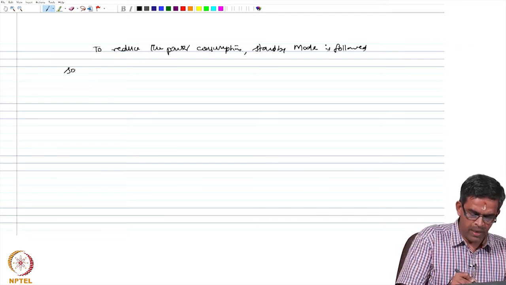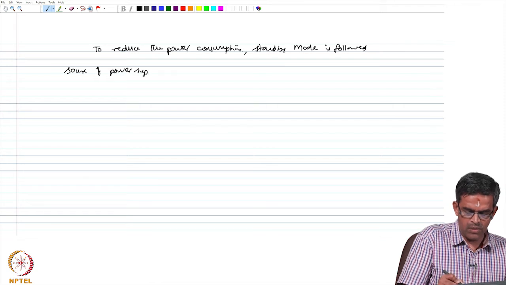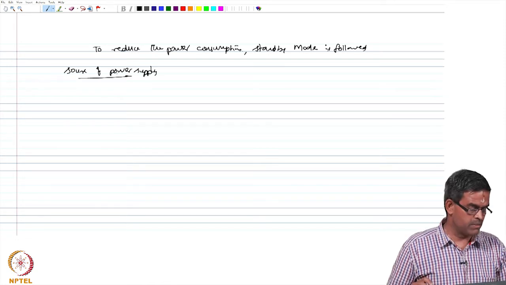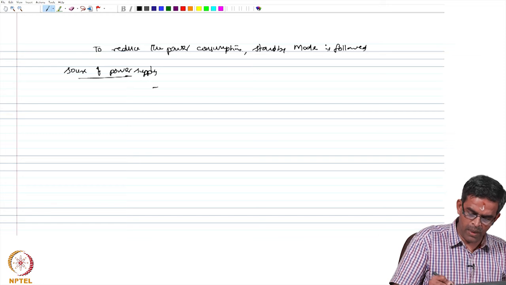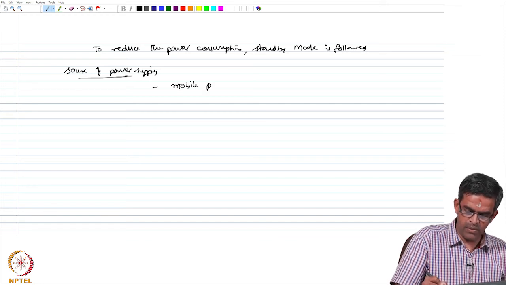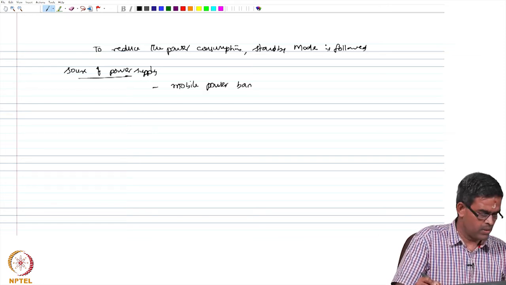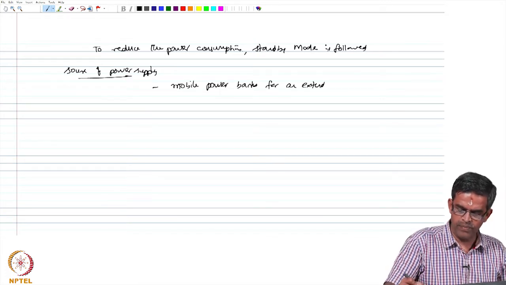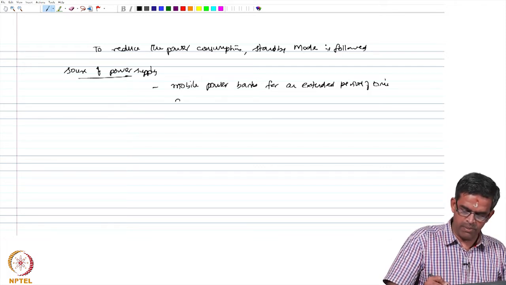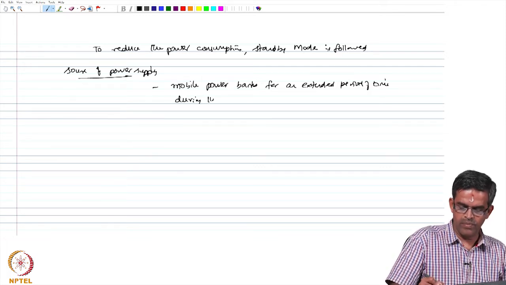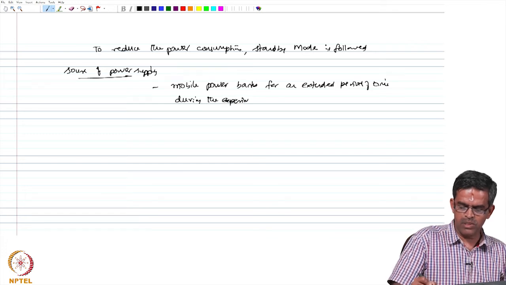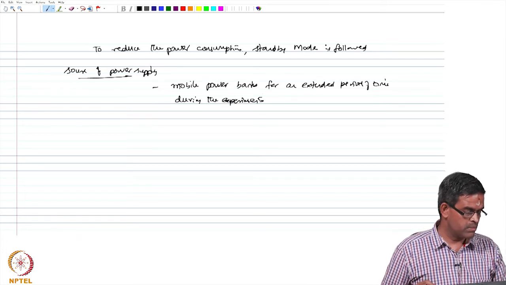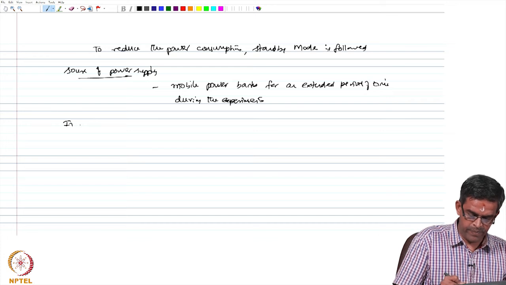Now, the source of power supply in the lab scale for the present system design is taken from the mobile power banks for an extended period of time during the experiments. Okay. So, this is possible in lab scale, but in real scale this is a challenge.